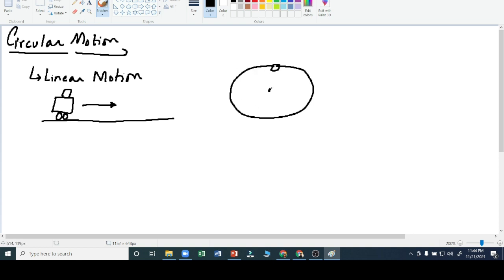So when any object is moving in a circular path, this stone is moving on a circular path. It can be anything. It can be a car, or a stone, or any object. So when it is moving in a circular path, then we call it that the object is in circular motion.